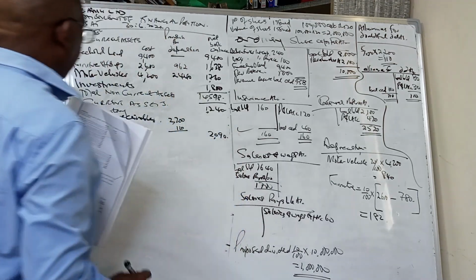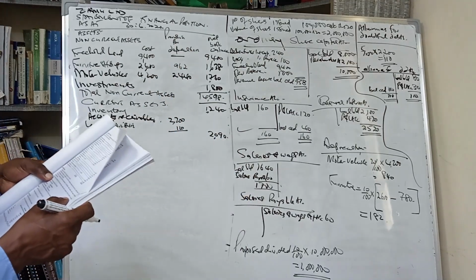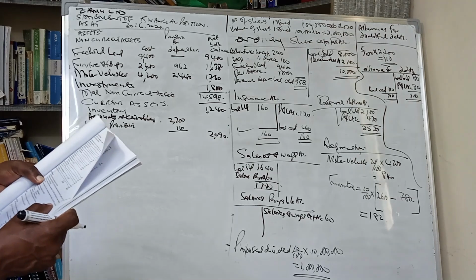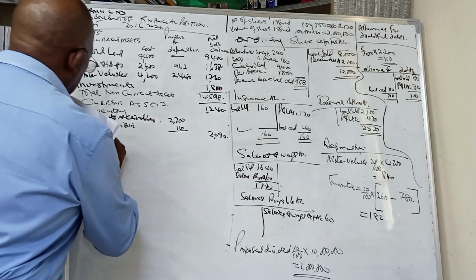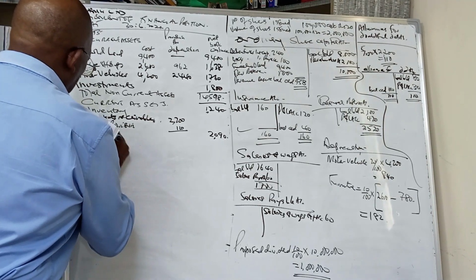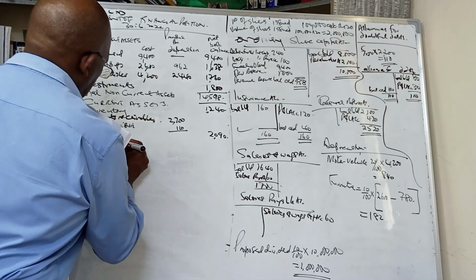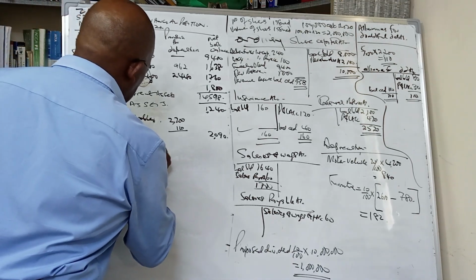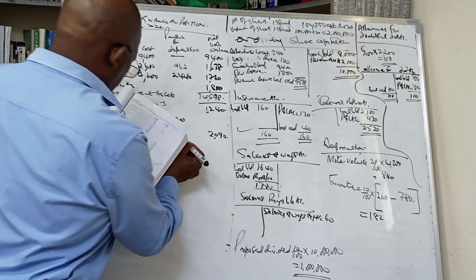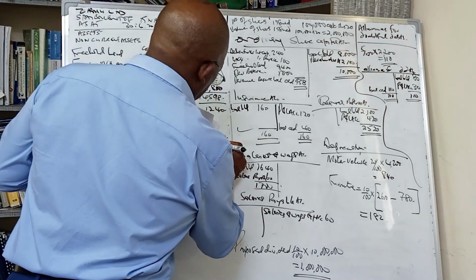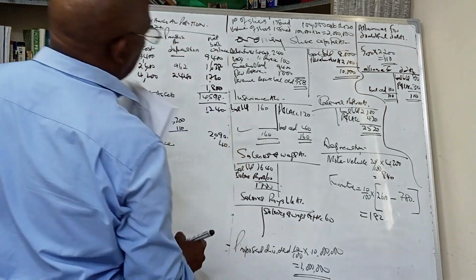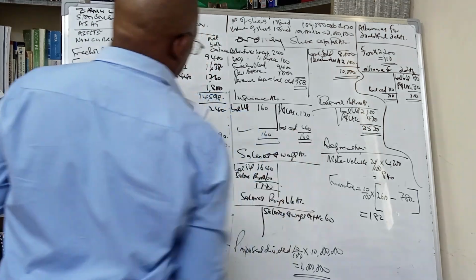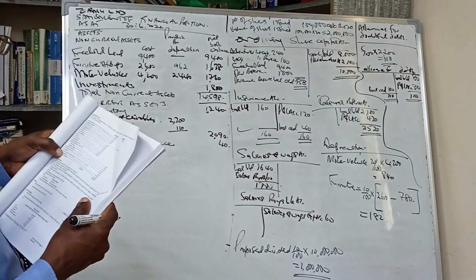We have prepaid insurance. From additional information number 3, we have prepaid insurance amounting to 40. Then we check on the bank.